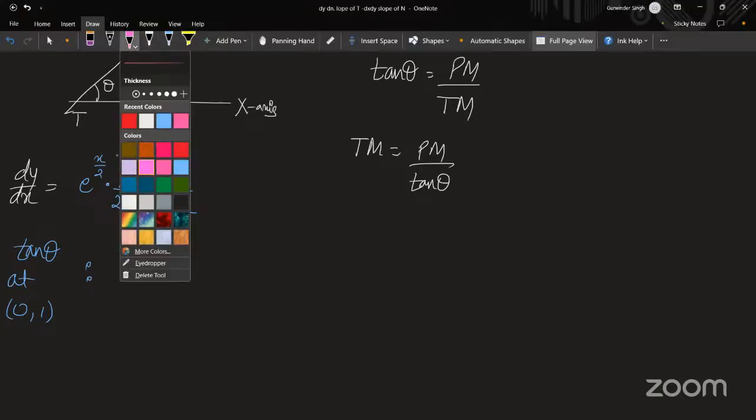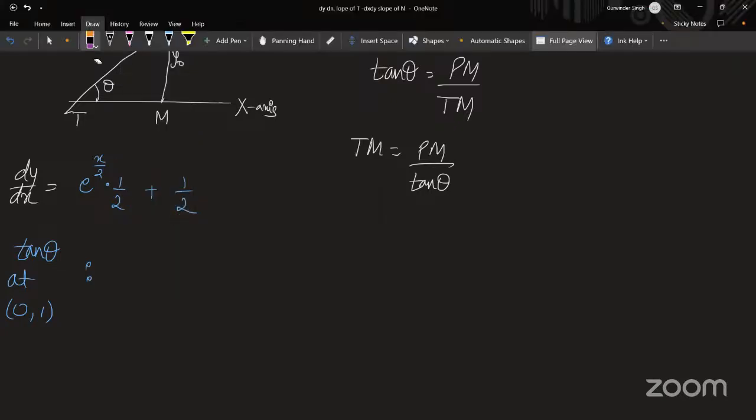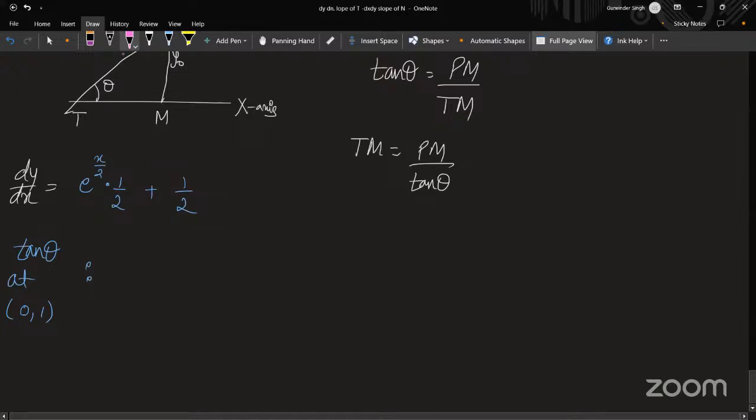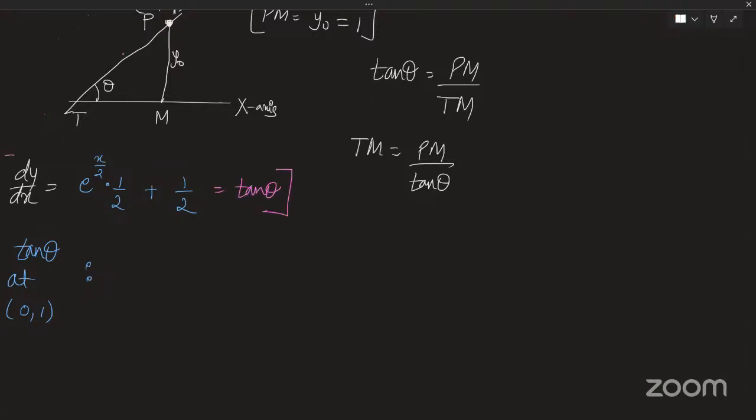Is it 1? How did you do that? I substituted, because dy by dx means slope only, and tan theta is also the slope. Yes, absolutely correct. I substituted the value x as 0.